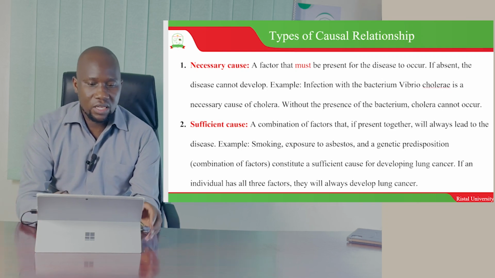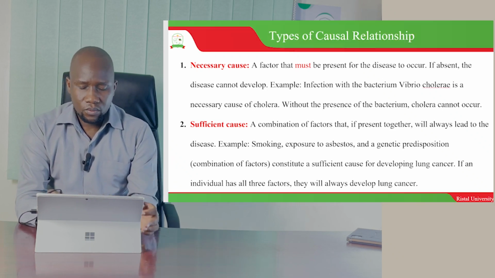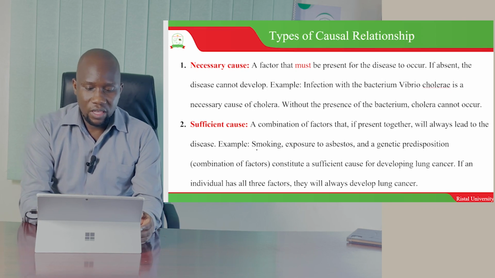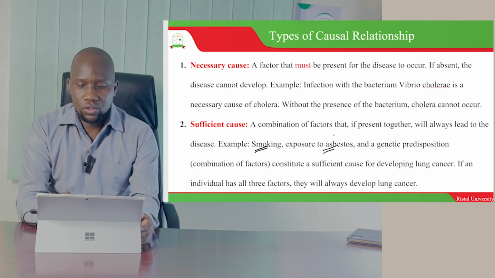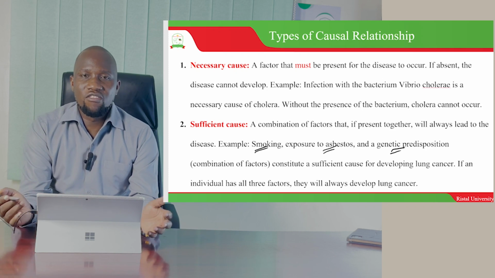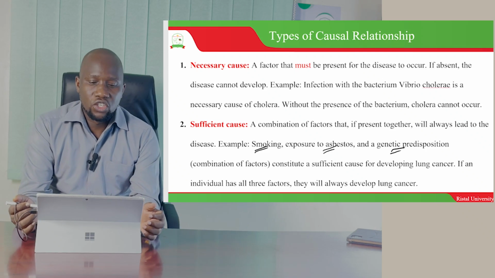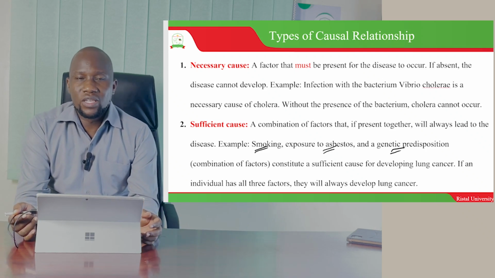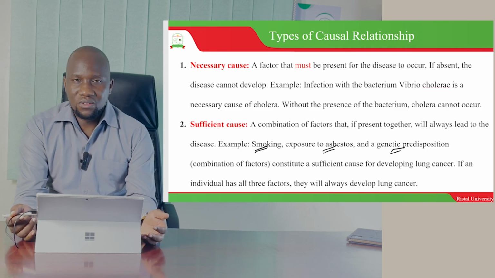So we are talking about smoking, which is either passive or active, exposure to asbestos, and a genetic predisposition. These factors, if you have them in an individual, can be sufficient to cause a person to develop lung cancer. So that's about sufficient cause.